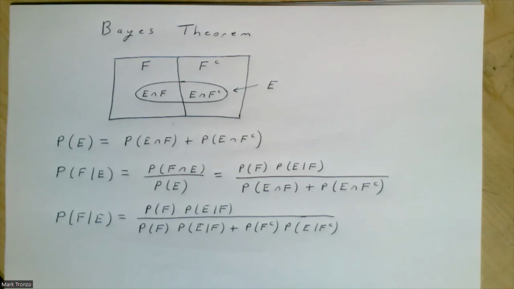So again, notice we went through the same process we did previously. We just wanted it in a slightly different form now so that we can use it. And let's do some examples.